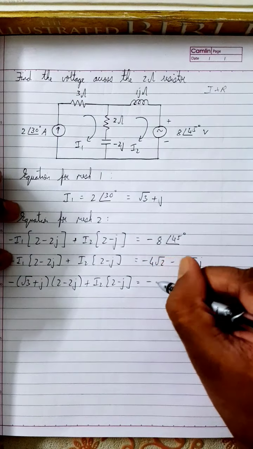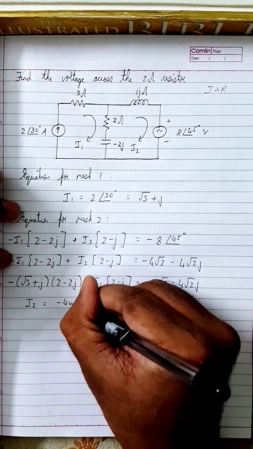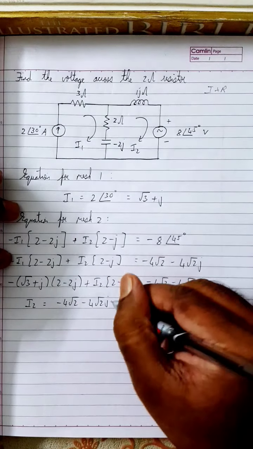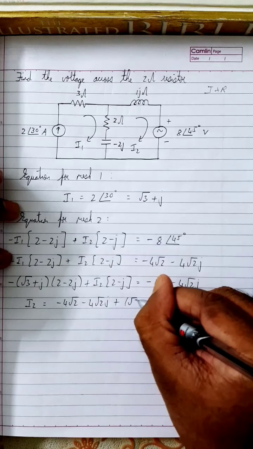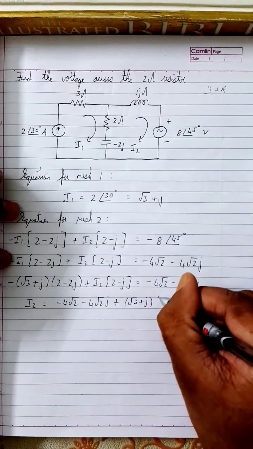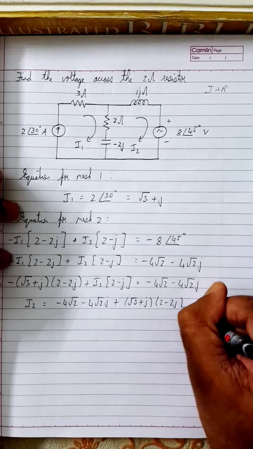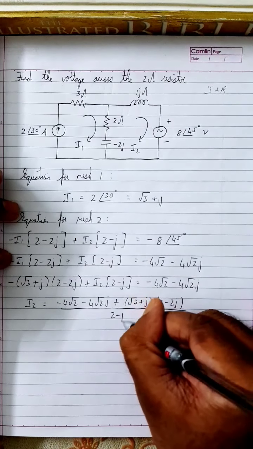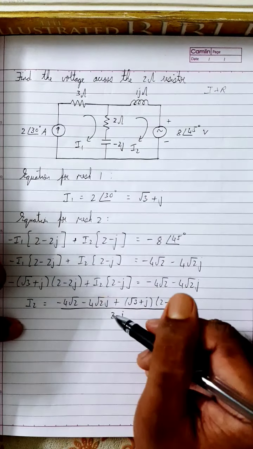Or in other words, I2 is nothing but (minus 4 root 2 minus 4 root 2 j plus (root 3 plus j) into (2 minus 2j)) divided by (2 minus j). This is the equation for I2.